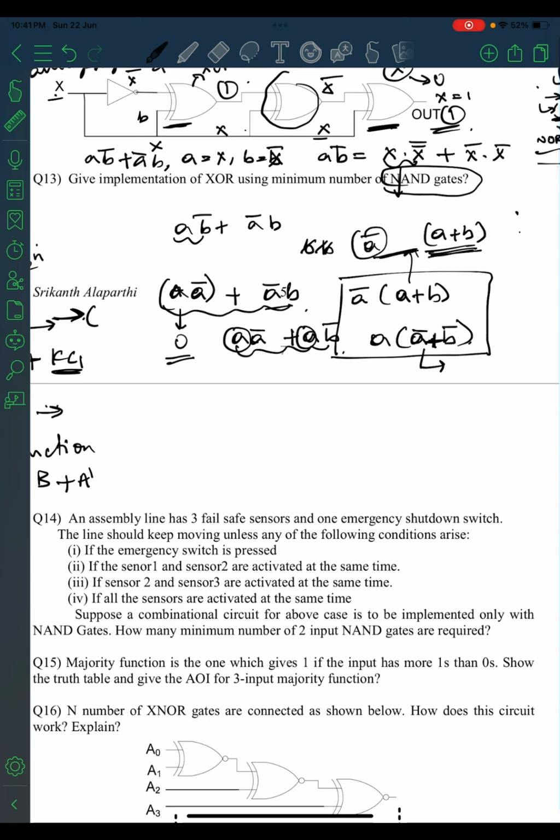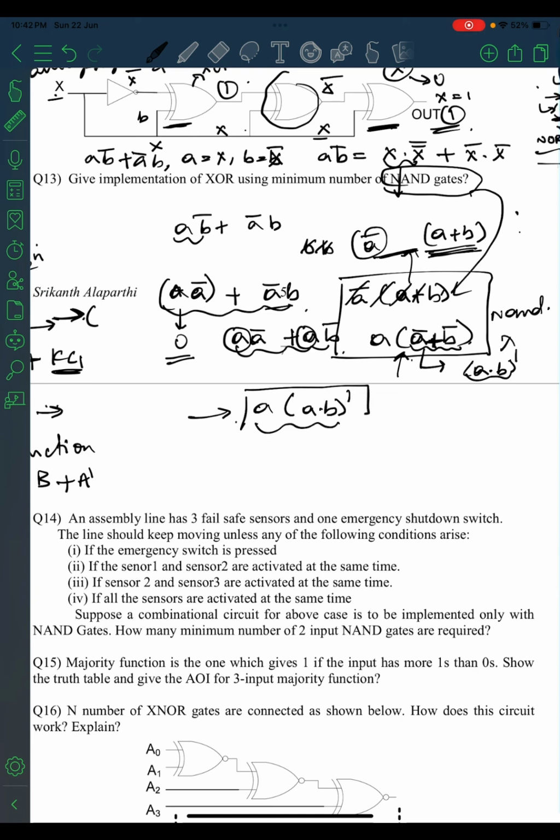So if you look into this carefully, this A bar plus B bar, if you see A dot B whole bar, which is a NAND gate. So A into A dot B whole bar. This is what the first term.